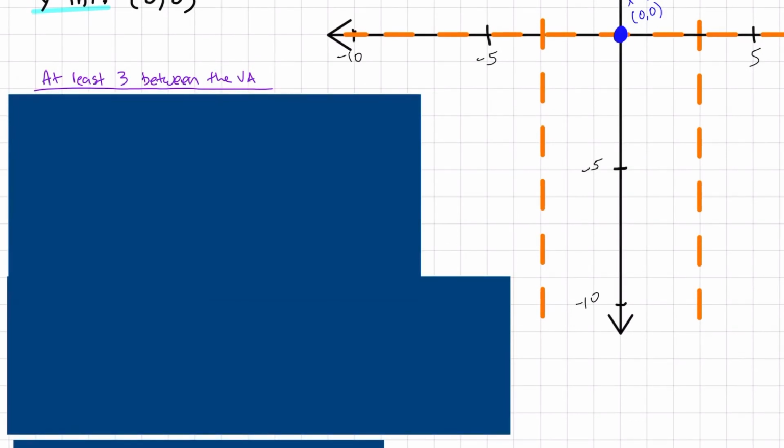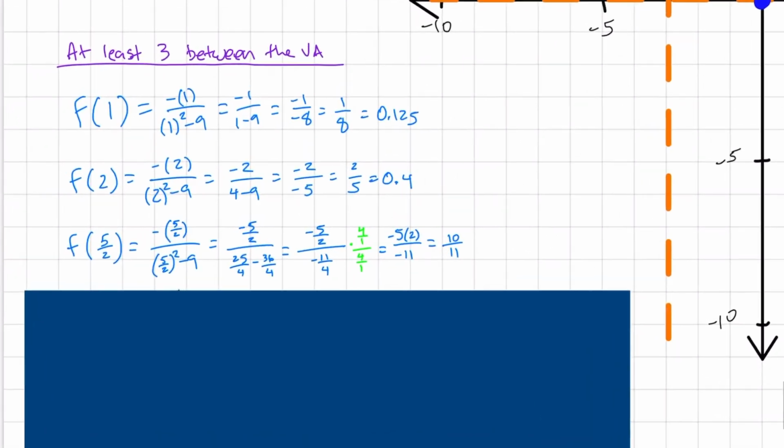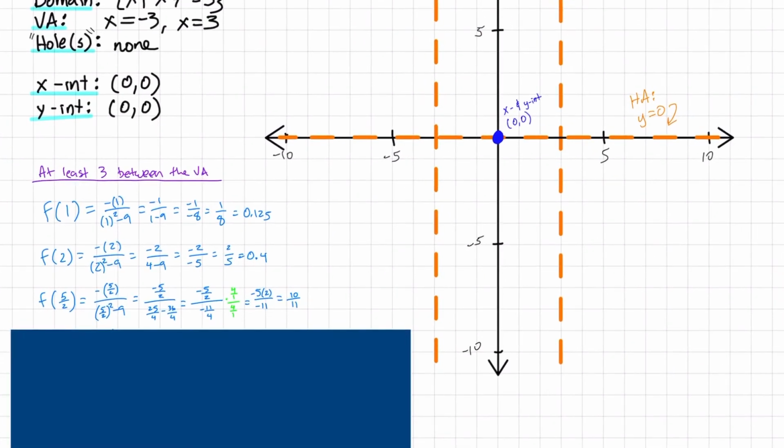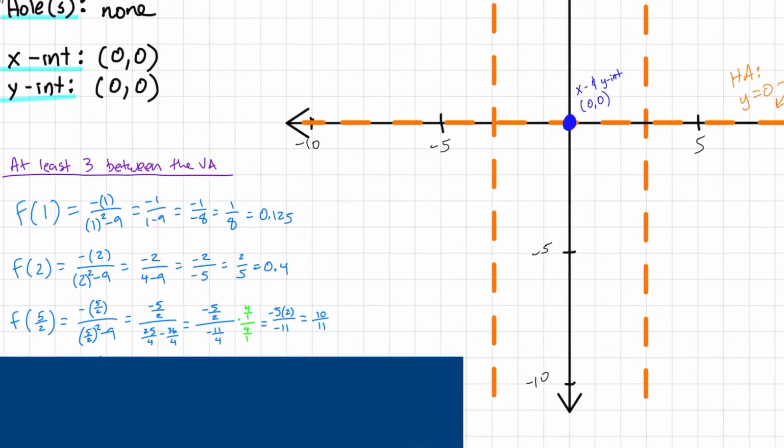So first up, a big chunk of them I can unveil at once. If I plug in f of 1, f of 2, and f of 5 halves. Remember, I only need 3 between these two bars, but it got kind of interesting. If I plug in a 1, it's at positive 1/8, so barely up any. Plug in a 2, I'm at 0.4, so not even quite a half.